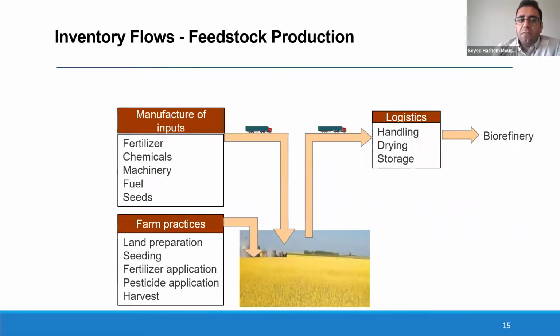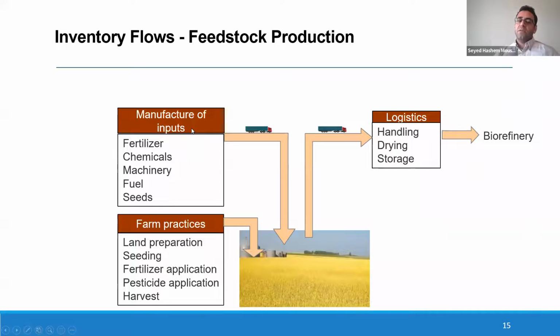This is an example of inventory analysis for feedstock production, for example, canola production. For doing LCA, we need to estimate the inputs being used for feedstock production.